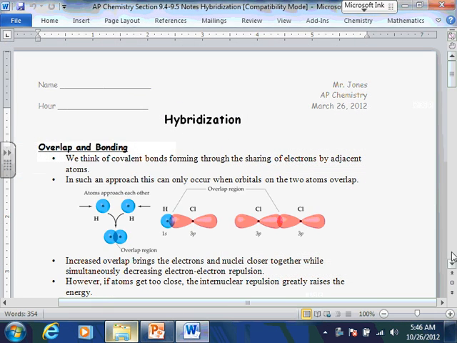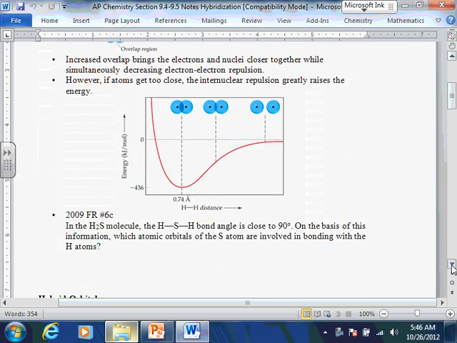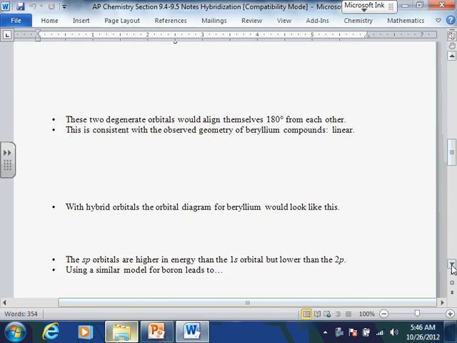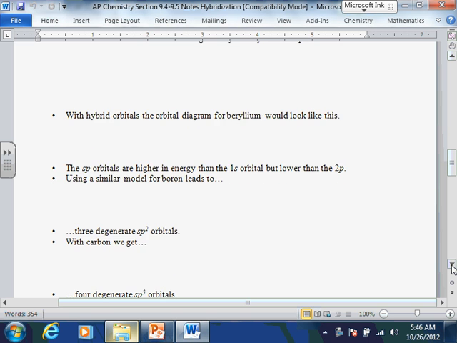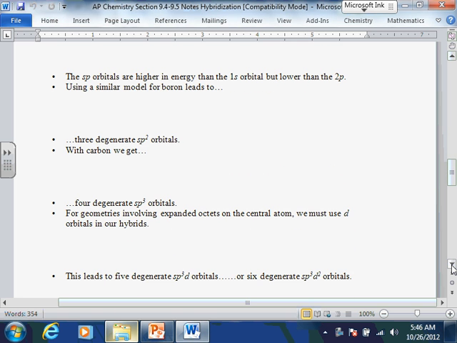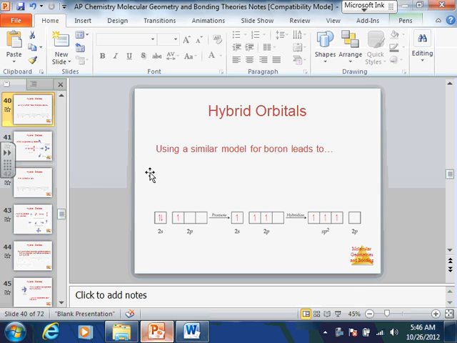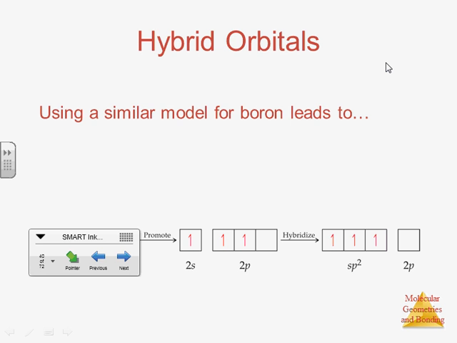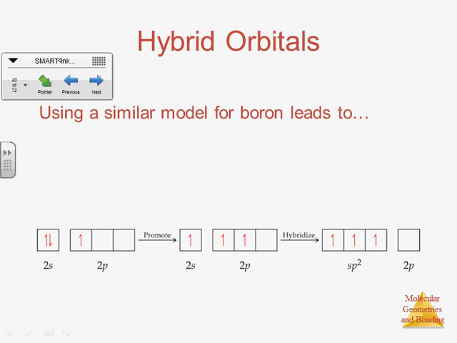Okay, so what you're seeing on your worksheet here, it looks like it's the same. So when we're using the model for boron here, same thing is basically going to happen, except now we have 3 electrons instead of just 2.